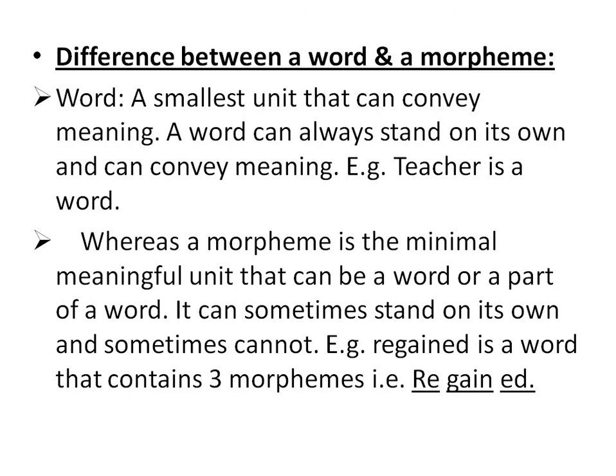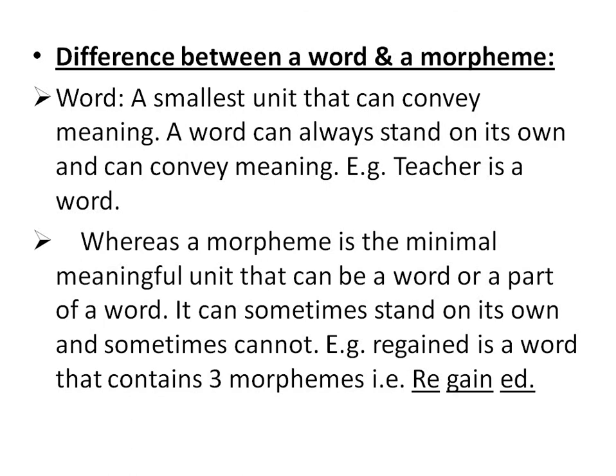Whereas a morpheme is the minimal meaningful unit that can be a word or a part of a word. The thing to note here is that a morpheme can be a word or a part of a word. It can sometimes stand on its own and sometimes cannot.